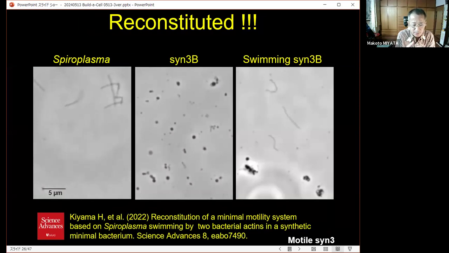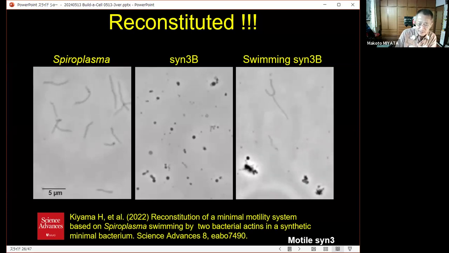They can move only by Brownian motion. The rightmost one is the swimming SYN3, harboring the 7 proteins. They are doing the helicity shift, and sometimes they swim in one direction.